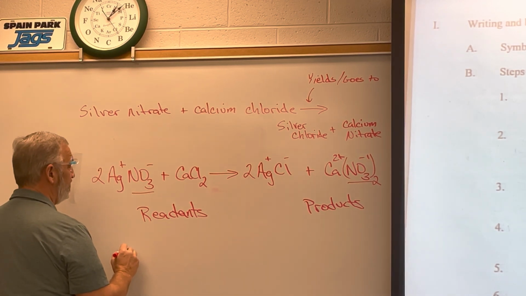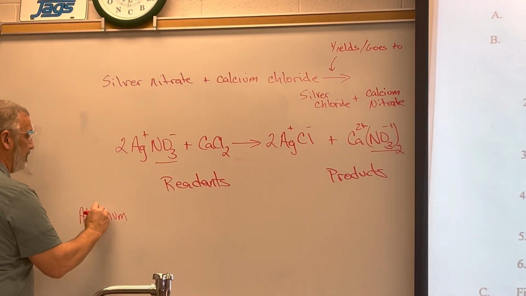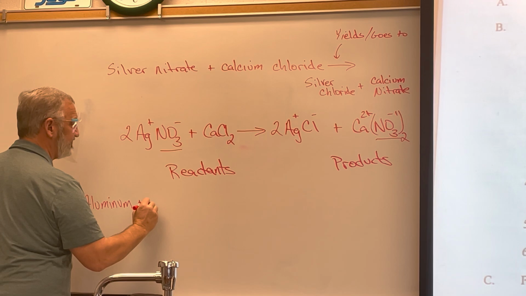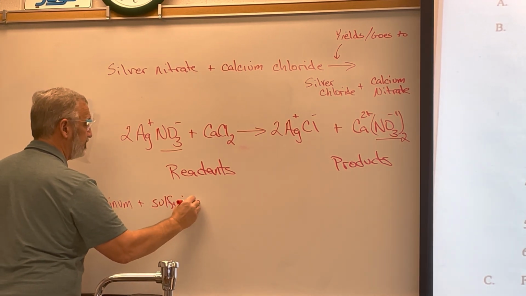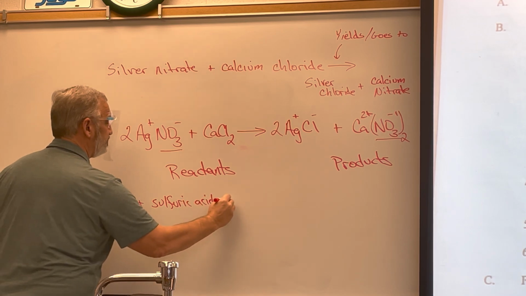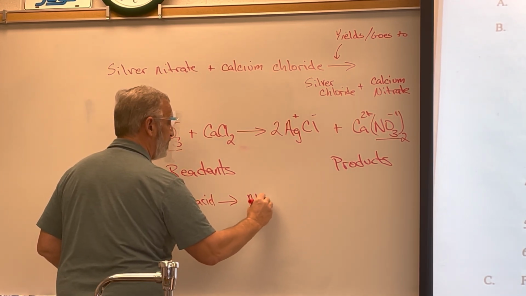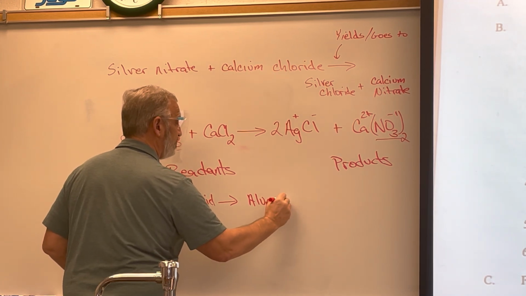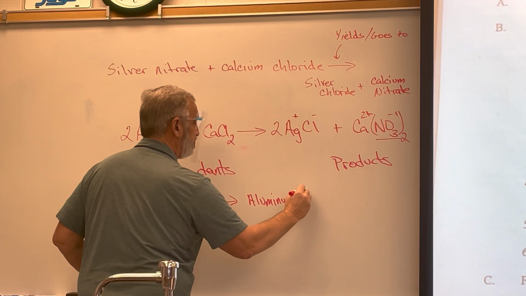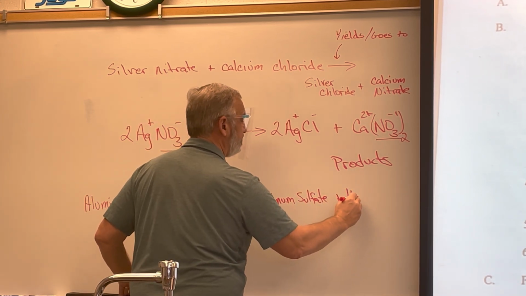So we could say aluminum plus sulfuric acid yields aluminum sulfate plus hydrogen.